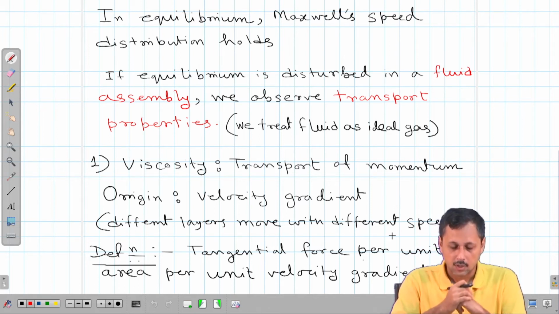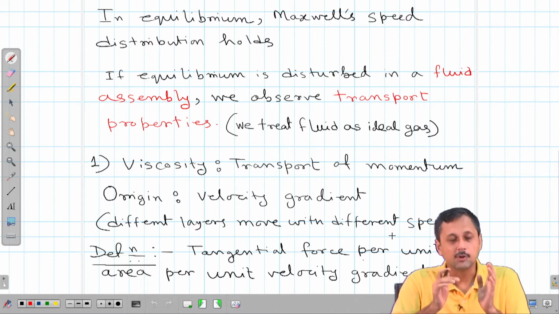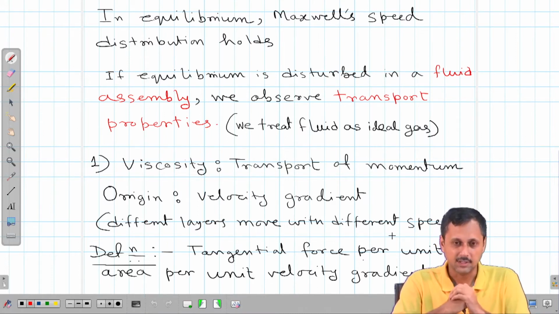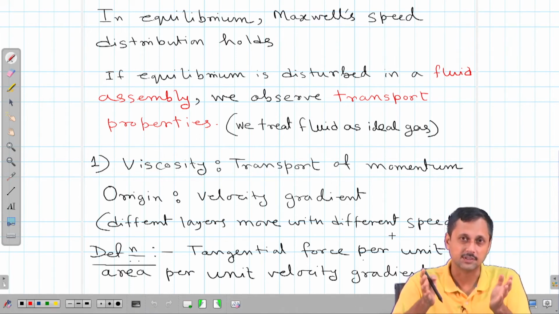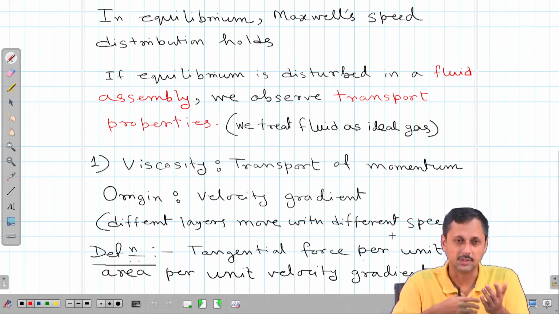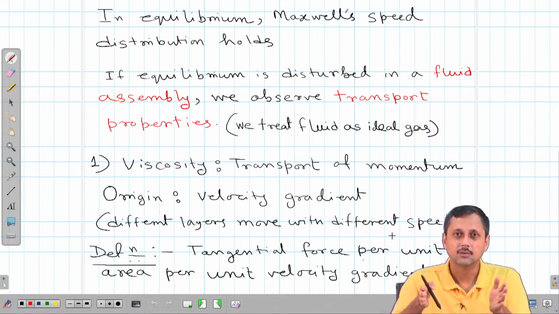Now, if somehow the equilibrium is disturbed in a fluid assembly, here we talk about fluid in general, which could be liquid or gas, but in general here we treat fluid and ideal gas as equivalent terms to each other.